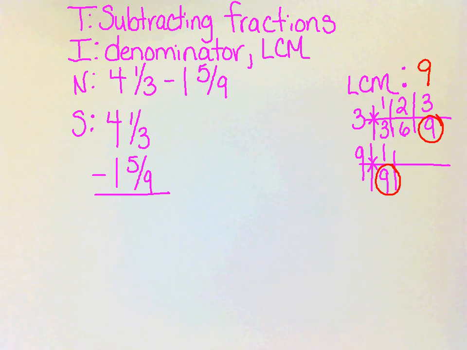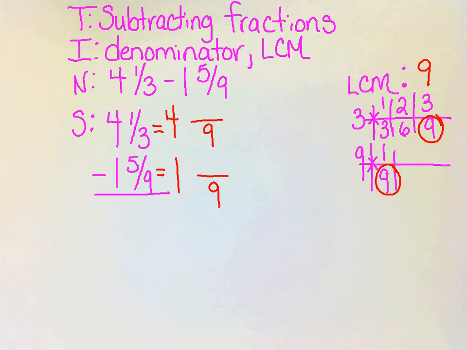Next, step 3 is to make the LCM the new denominator. If you have any whole numbers, bring the whole numbers over. So I have whole numbers, so let's bring our 4 over, let's bring our 1 over, and make the LCM our new denominator, which is 9. Next step, do the backwards Z or the backwards C to get the new numerator. I will do both, just for different students.